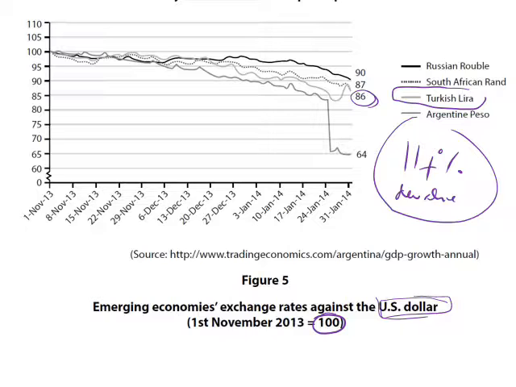You also have potentially the Argentine peso for later in the extract, and it talks about a 25% devaluing, but you also have a significant change here in terms of how volatile that change is.